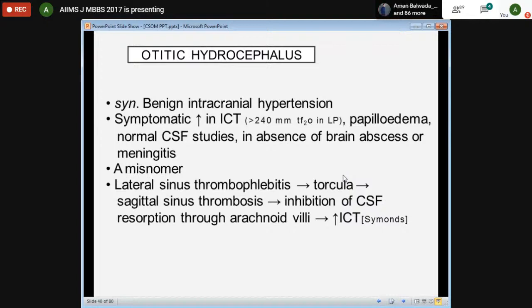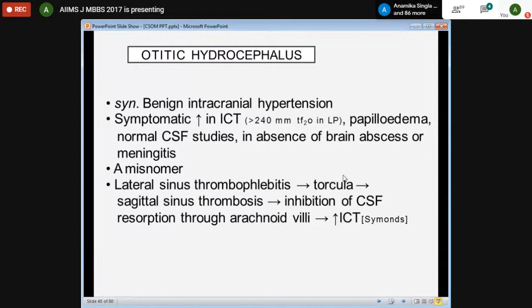It is basically a benign intracranial hypertension. Why does this happen? Because of increased intracranial tension. As we already discussed, when there is a thrombus in the sigmoid sinus, it proceeds superiorly. It will block the superior sagittal sinus where there are arachnoid villi.